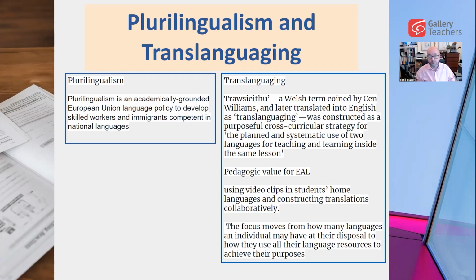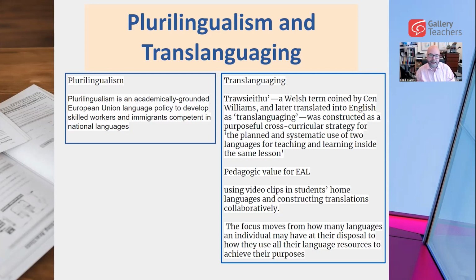So if I think about when I was studying Italian, I had Dutch friends who spoke 5 or 6 languages, including English and Italian and Dutch and others very well, but moved towards how all of these languages are available to them as useful and valid resources to achieve their communicative purposes.